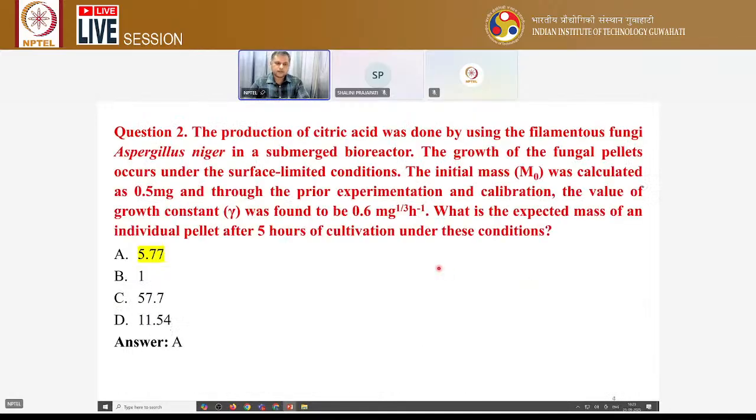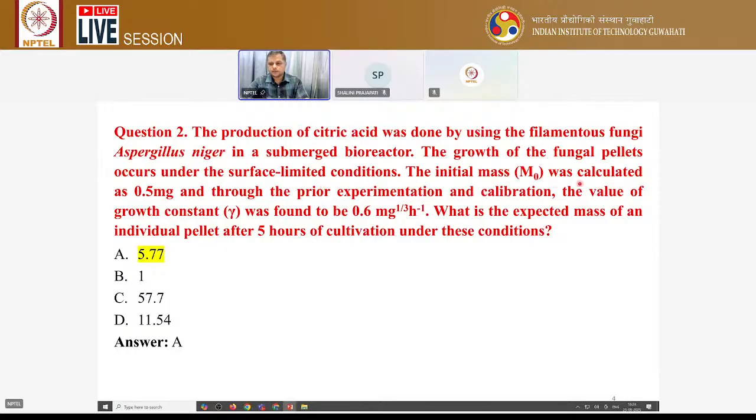Moving ahead, question number 2: production of citric acid was done by using the filamentous fungi Aspergillus niger in a submerged bioreactor. The growth of the fungal pellet occurs under surface limited conditions.